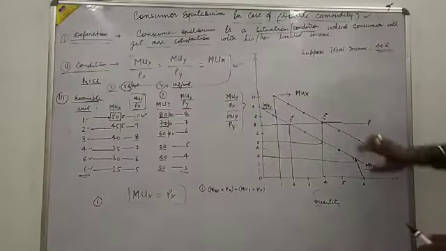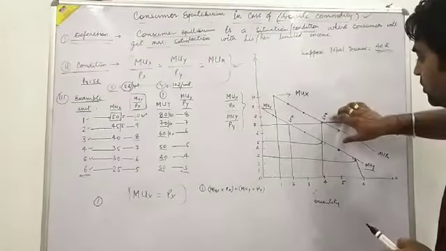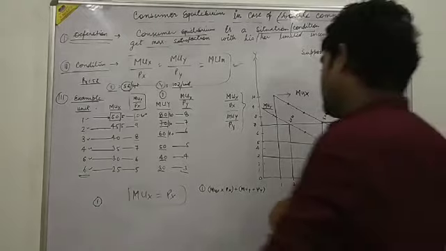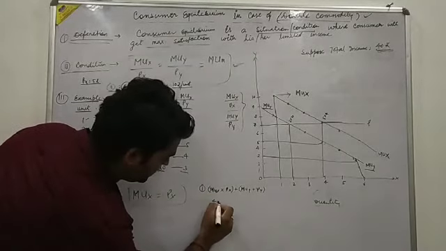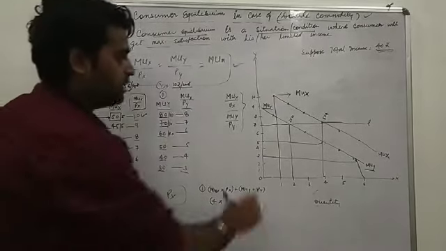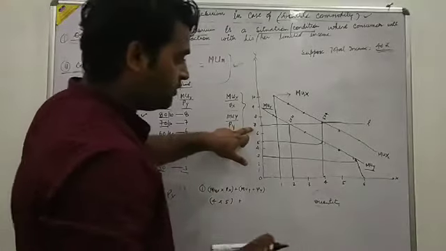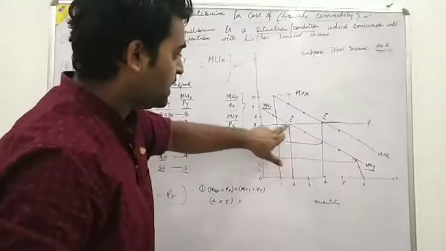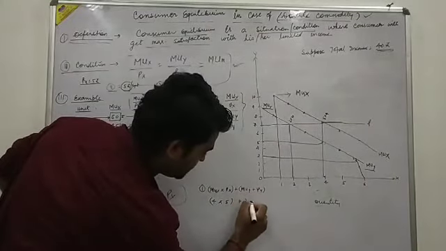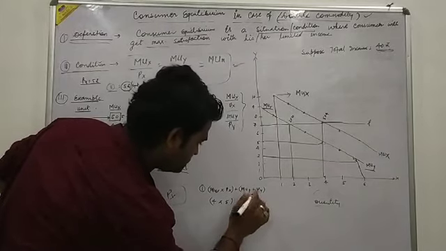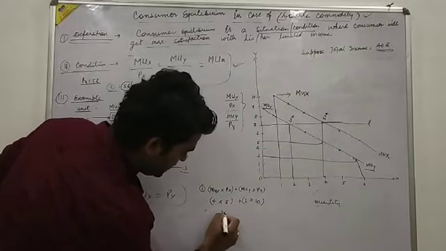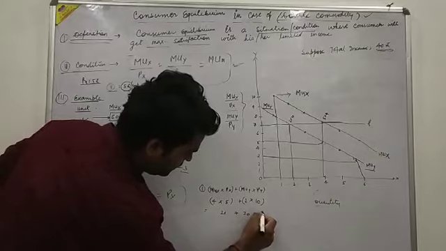Okay. When we take 4 quantity of X, 4 quantity into price per unit 5, plus MUY, where MUY is here, and 2 quantity of Y, 2 quantity into 10 per unit means 20, so 20 plus 20 is 40.